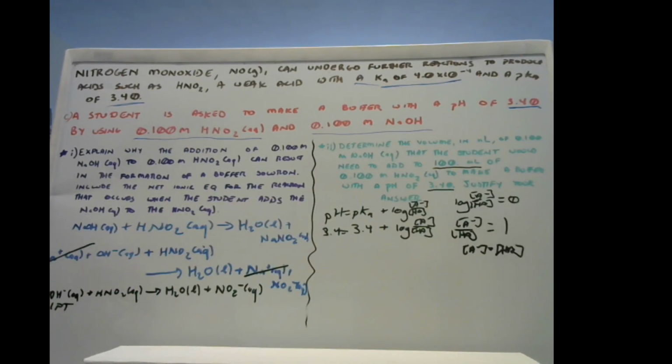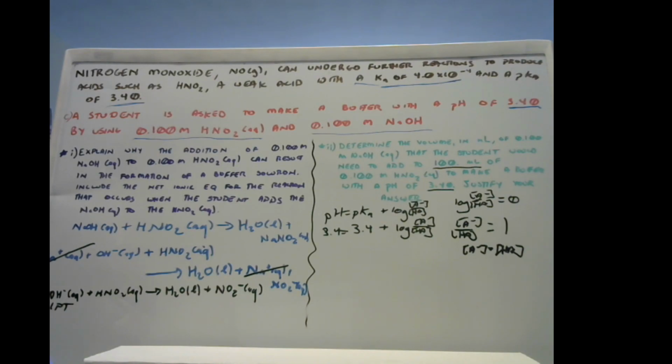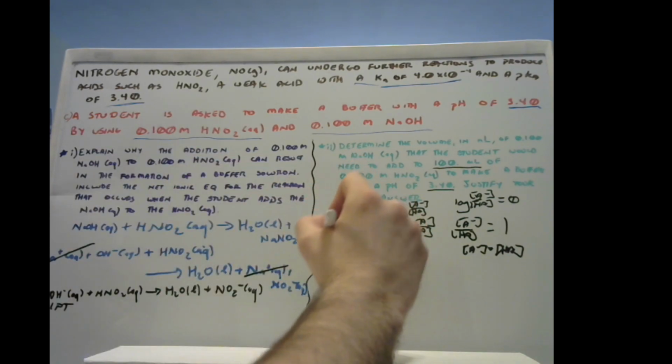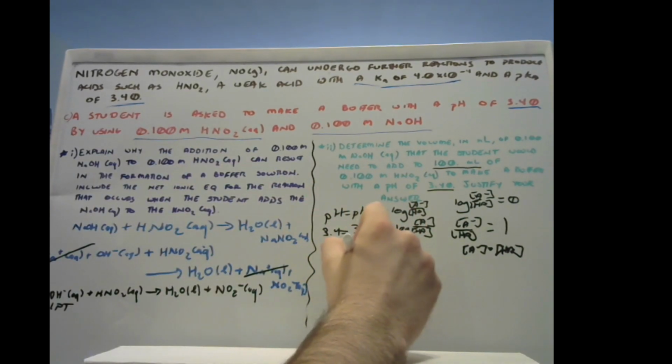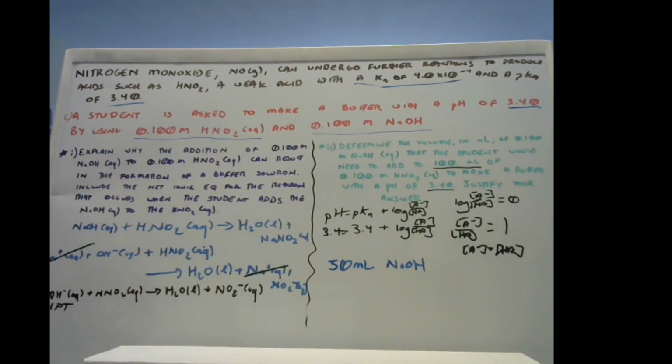Okay? Which means we need to convert, more accurately, half of the HNO2 into NO2 minus. Half of the 100 milliliters is 50 milliliters. So we would need to add 50 milliliters of NaOH to the solution to neutralize it.